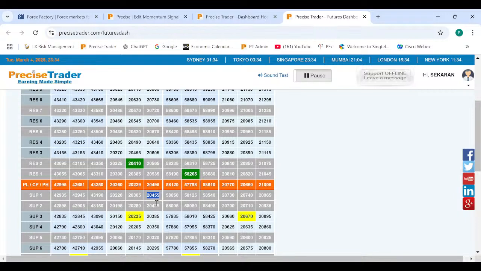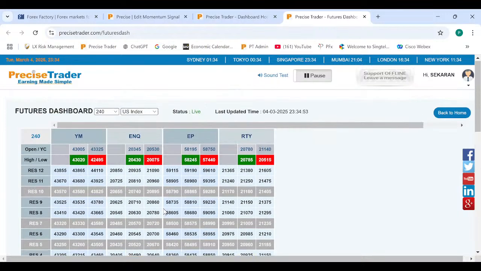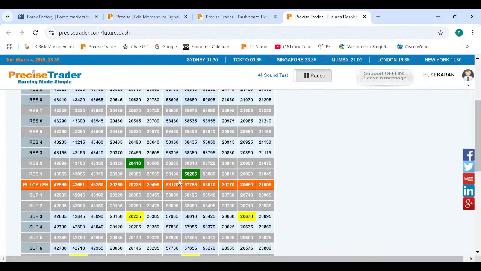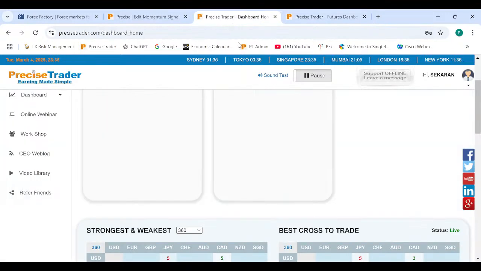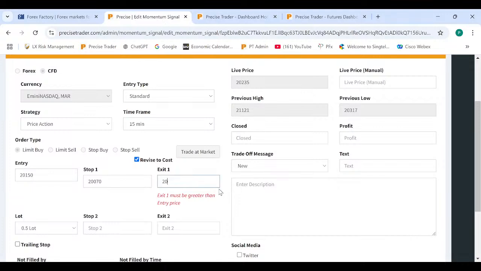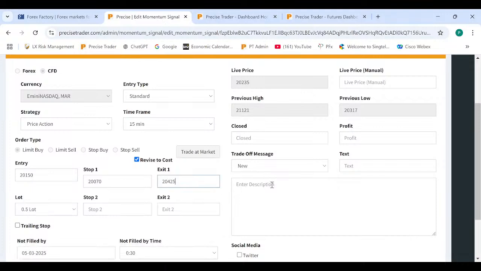So either we exit at 450, then 495 has to clear. If it clears, then we can see 535, 550. So I will put it at 425, and the current high is 430. So we'll just put it below the current day high. So 425.